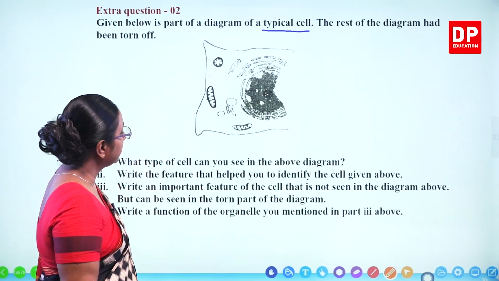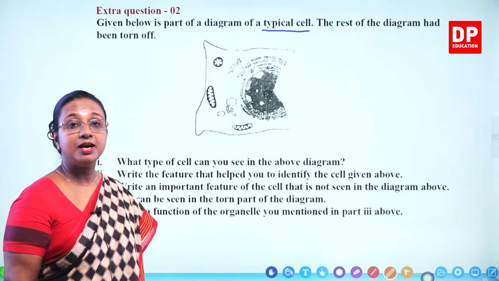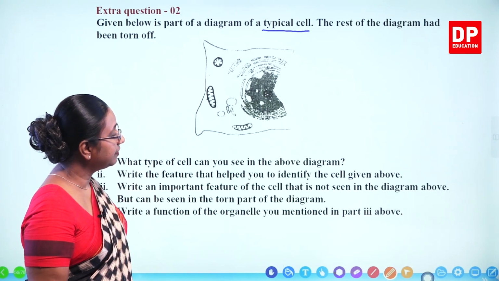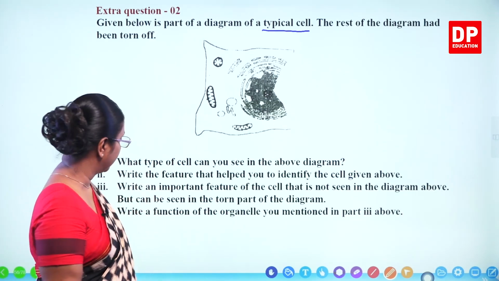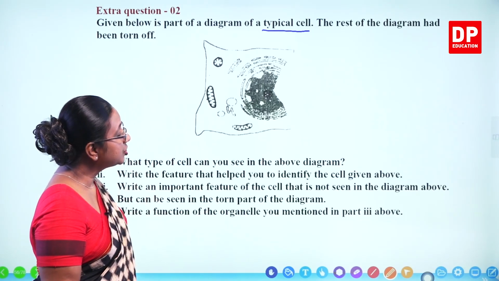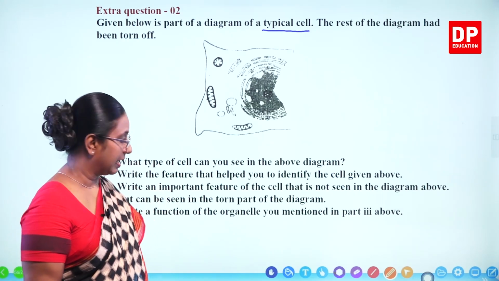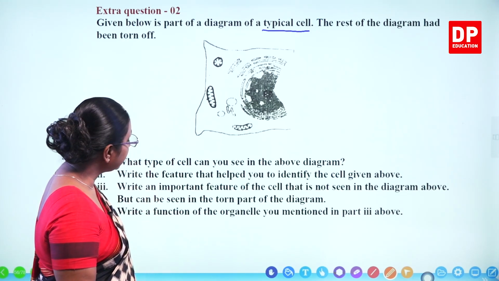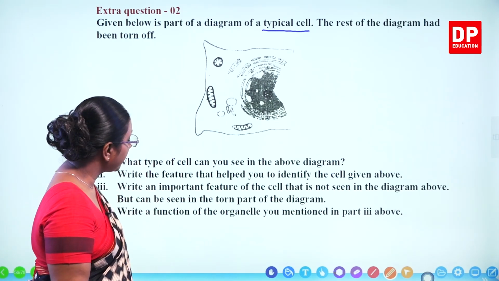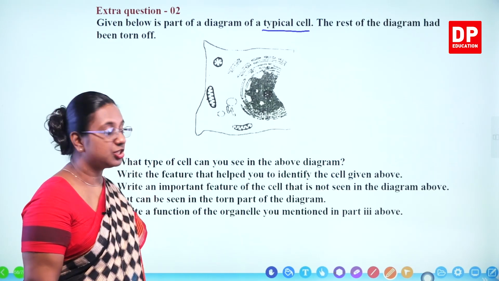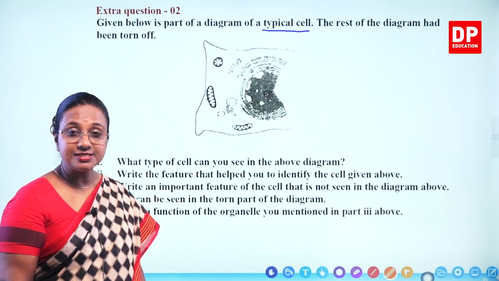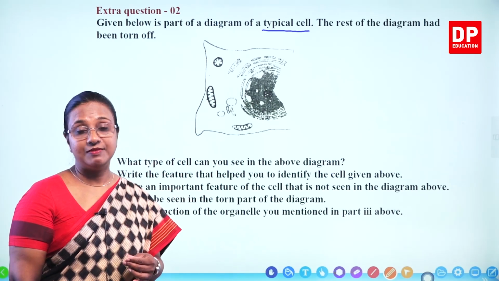What type of cell can you see in the above diagram? Write the feature that helped you to identify the cell given above. Write an important feature of the cell that is not seen in the diagram above, but can be seen in the torn part of the diagram. Write a function of the organelle you mentioned in part 3 above. Now, you all answer the questions and then we will discuss it.